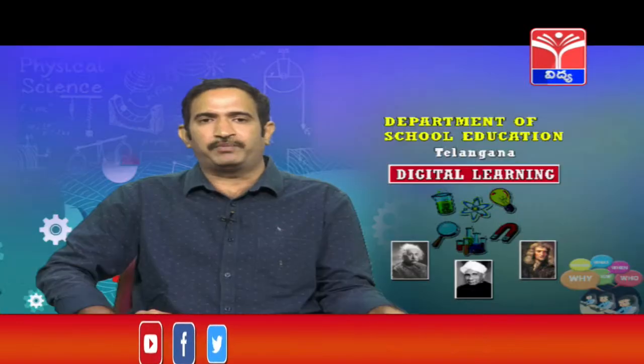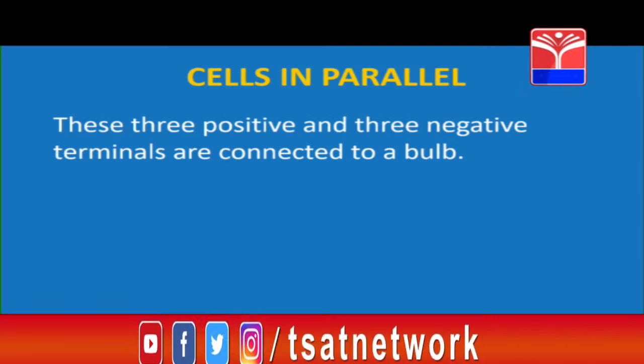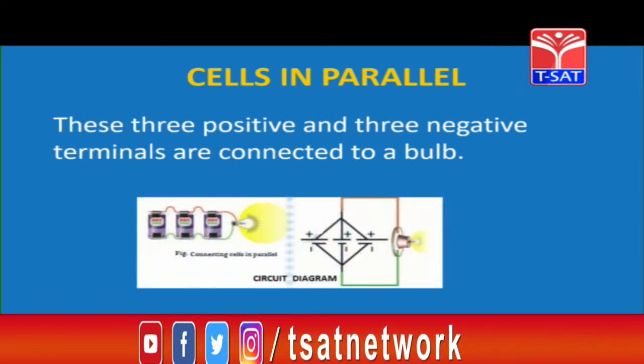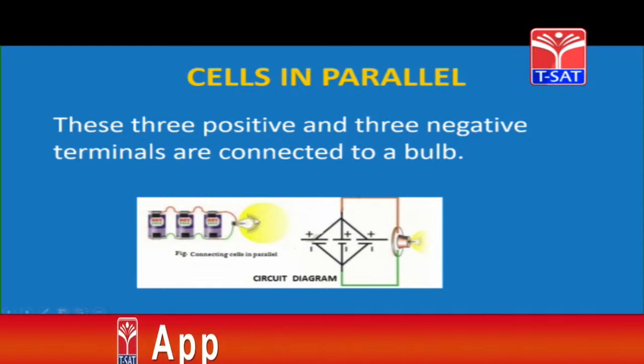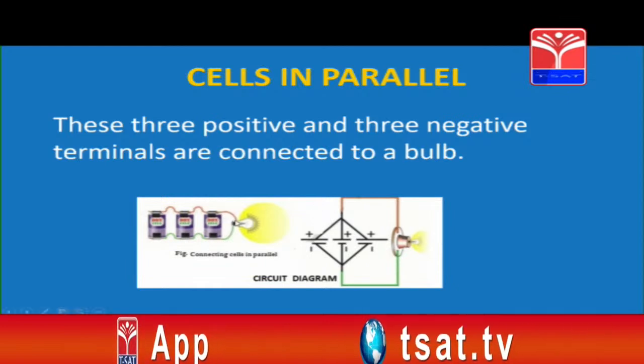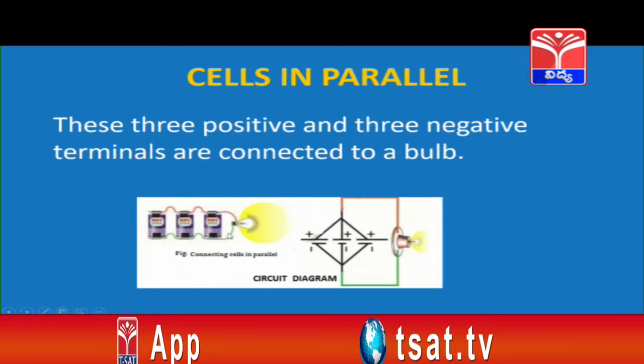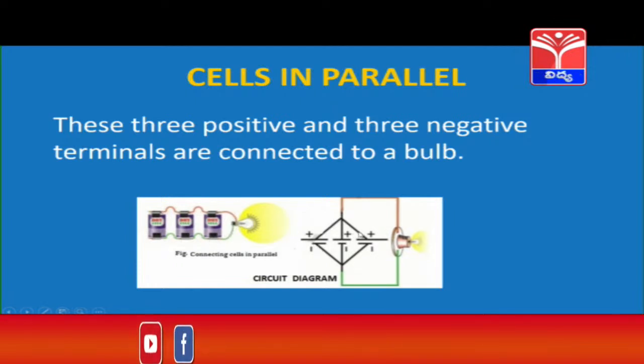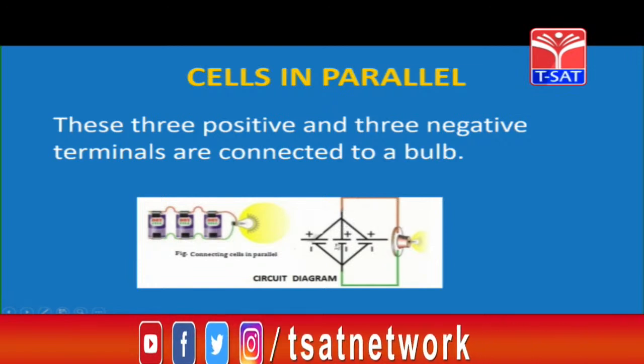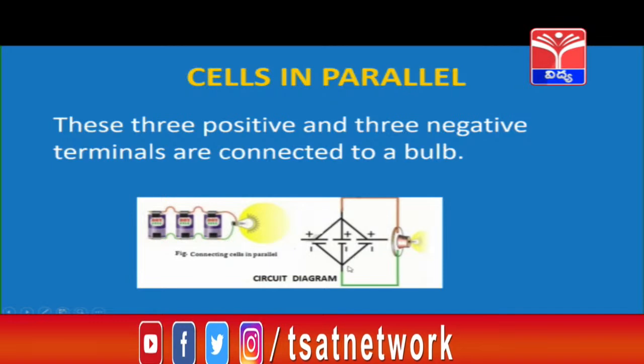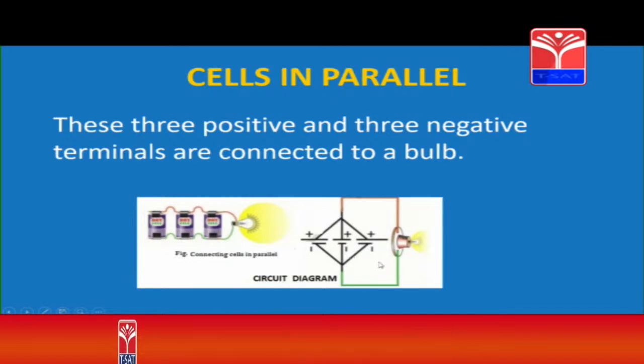Now these positive and negative terminals are connected to the bulb. Let us see the diagram once again. In the circuit diagram also, all positive terminals are connected with the help of one wire to the bulb, and all negative terminals are connected with the help of one wire to the bulb.